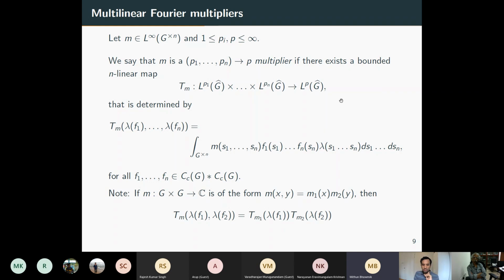So in particular, this is a natural definition, because if you take a so-called rectangular function, which looks like m1 of x times m2 of y, then the multilinear Fourier multiplier corresponding to this looks like the pointwise product of the linear Fourier multiplier Tm1 acting on lambda f1 times the multiplier Tm2 acting on lambda f2.